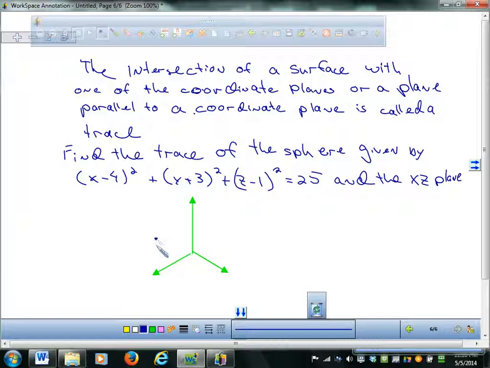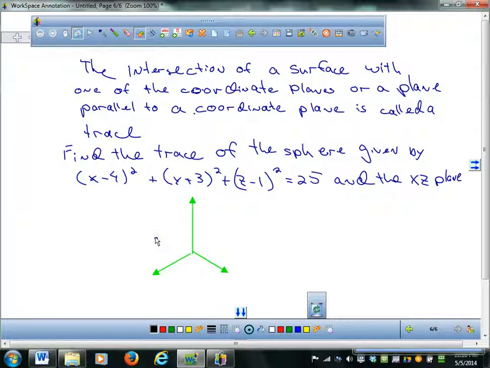You guys get that? Okay, out, positive 4, negative 3, up 1. And then, I don't know if that's where it is, but we're estimating. What's the radius of this sphere? 5. So I'm going to draw in a sphere right here.